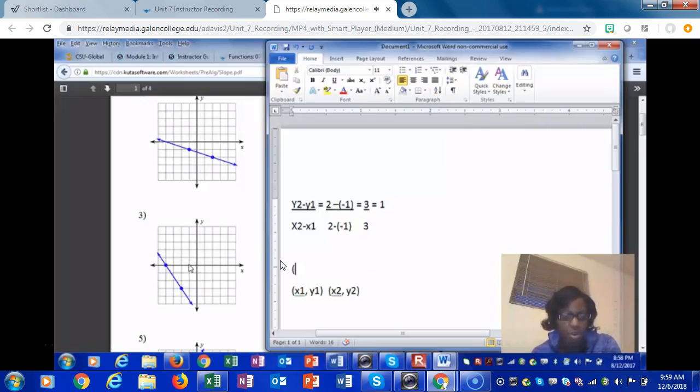Starting at 0, -1, -2, -3, -4. This is -4, 0. And then the next point is right here, starting at 0, going over 1, 2, that's -1 and -2, going down 1, 2, 3. So we're at -2, -3.